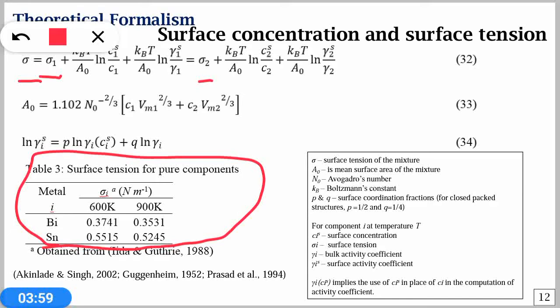Gamma 1 is the activity coefficient of component 1 in the mixture, while gamma 1s is the activity coefficient of component 1 at the surface. And component 1 here is still bismuth, while component 2 is tin. The surface concentration and surface tension of the mixtures were simultaneously obtained from equation 32 by solving it numerically.